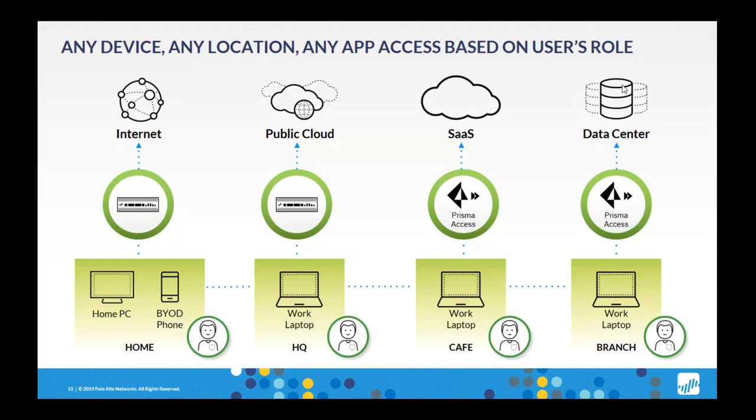Now, with the User-ID technology, Palo Alto Networks firewalls are able to securely connect home users, remote users, branch offices, and workforces, I would say, from different destinations like the internet, public cloud, cloud-delivered infrastructure through Prisma Access, through on-prem firewalls, and a combination of them.